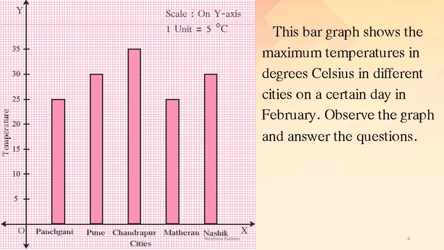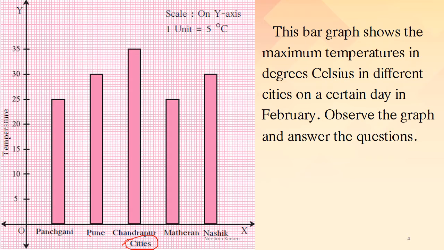Now first of all, you read this graph. So how to read? This is the reading of a bar graph. This is the x-axis, this is the y-axis. Now on the x-axis, what is given? Cities, the name of the city. So Pachgani, Pune, Chandrapur, Matheran and Nashik. 5 cities are there.